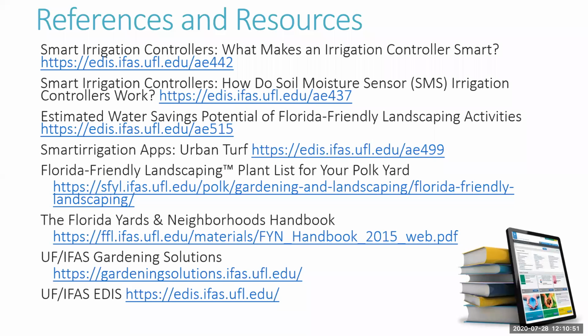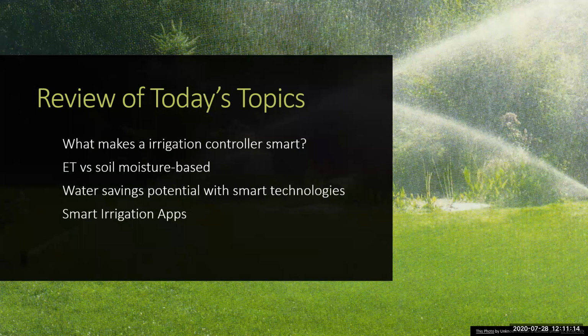Here's a list of references and resources related to smart irrigation controllers. You can see there's more information on smart irrigation, how they work, estimated water savings potential, and even the smart irrigation app for turf. So today we briefly discussed what makes an irrigation controller smart, in that it takes data and inputs that and adjusts how the system actually irrigates.